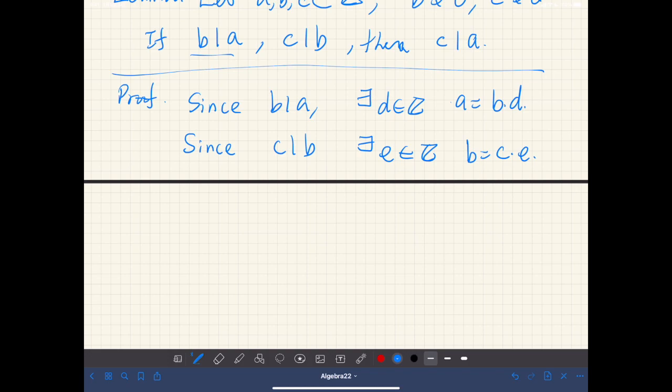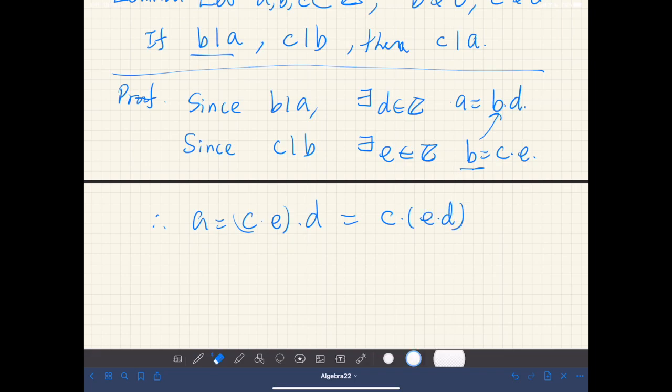Now substitute this b into here. Therefore, a is equal to c e times d, which is equal to c times e times d. So of course e times d is an integer. So this means therefore c divides a. c is a divisor of a. And we are done.